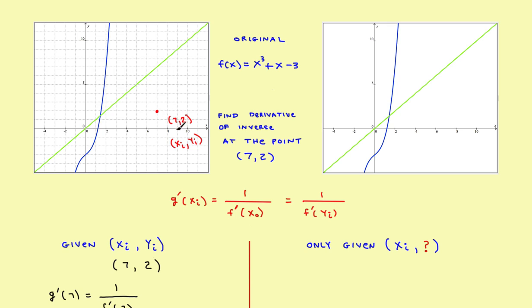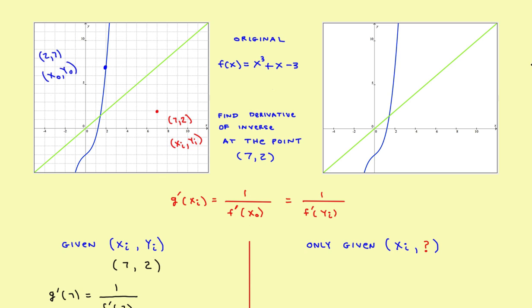If you have the x and y value of the inverse, because it's a reflection across a 45-degree line, for the original function, if the inverse was 7 and 2, the inverse will be over 2 and up 7, and you'd actually have a point right here. So over 2 and up 7, I've got this point. This is the point 2 and 7, which is the x value of the original and the y value of the original.